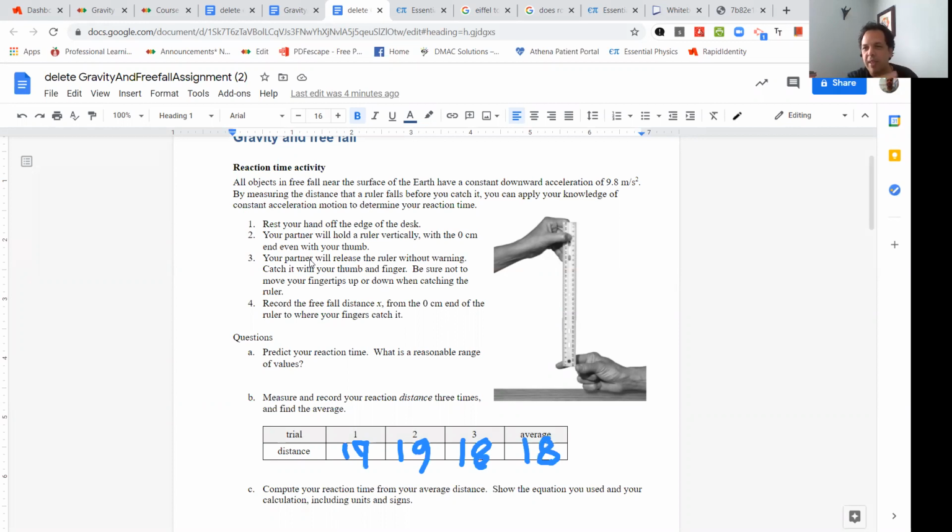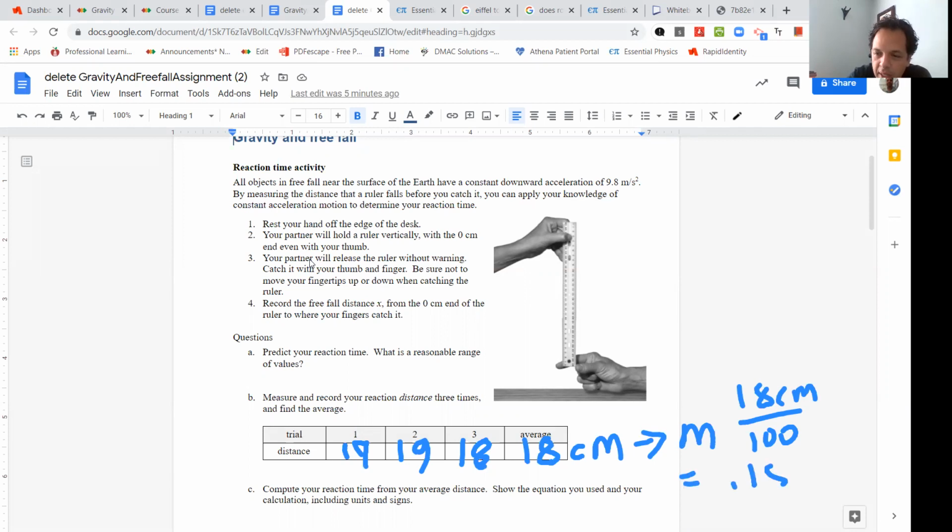You add them up and divide by 3. I picked those numbers because I know it's going to average out to 18. To get into meters, you just divide by 100. So 18 centimeters divided by 100 gives me 0.18 meters.